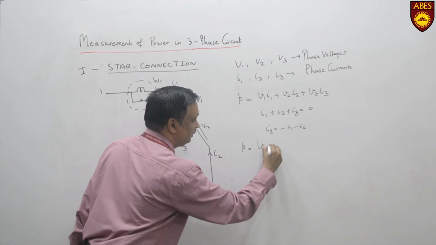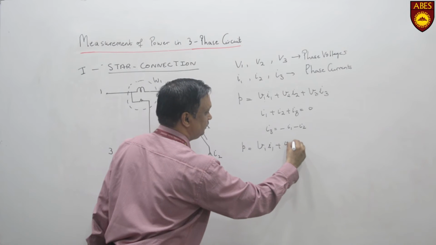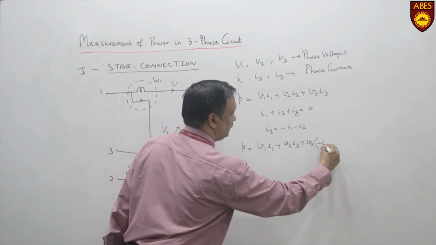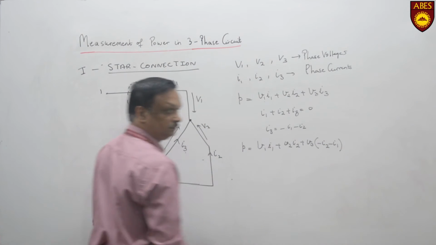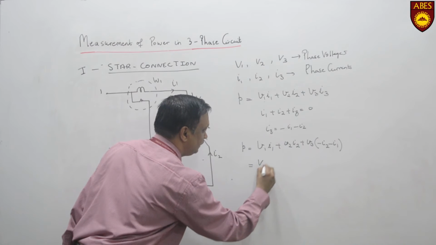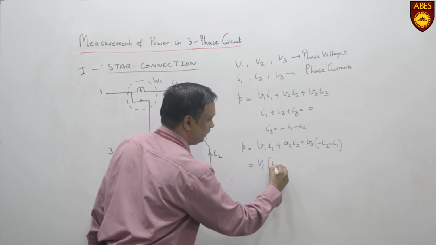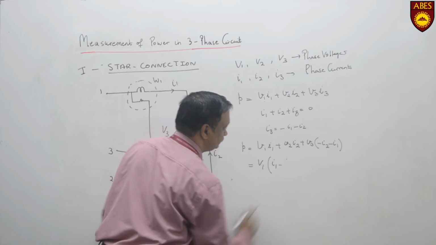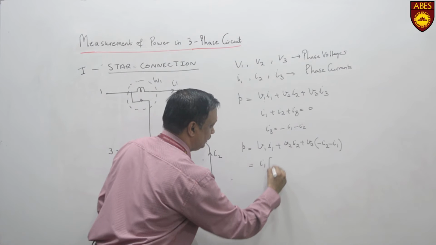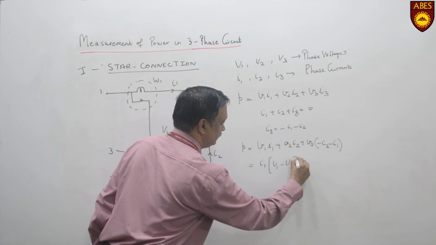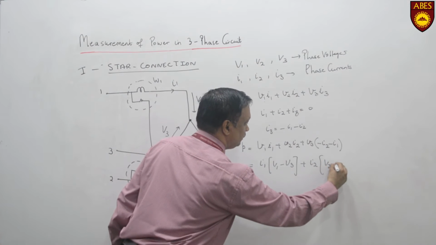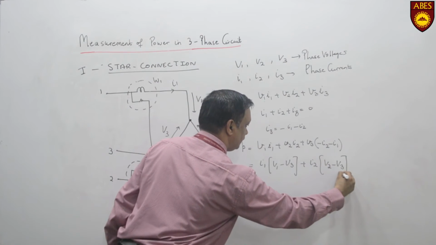So V1 I1 plus V2 I2 plus V3 times minus I2 minus I1. Taking common, I1 times V1 minus V3 plus I2 times V2 minus V3.